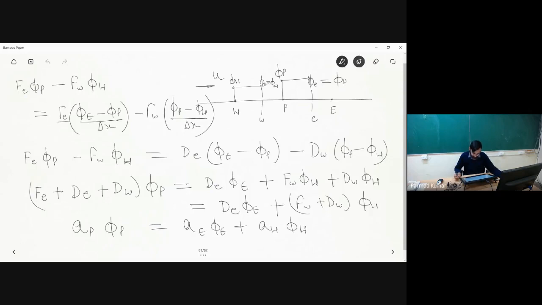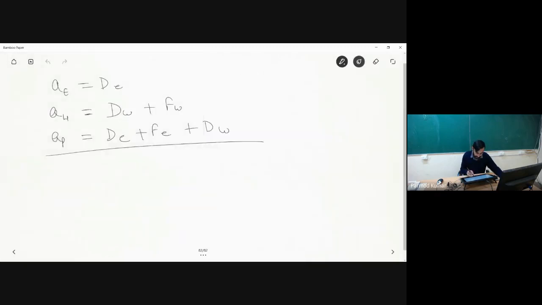Okay. Now let me give you one example. Can you tell me what will happen if the flow is reversing? Say I have the same points P, E and W over here, and this is my small w, this is my small E, but now flow is happening from right to left.